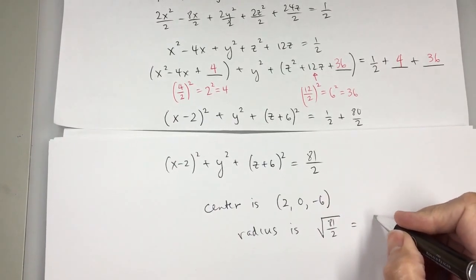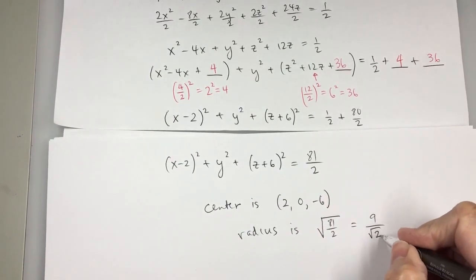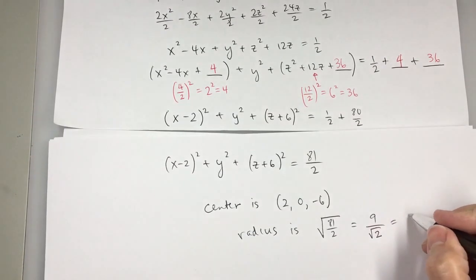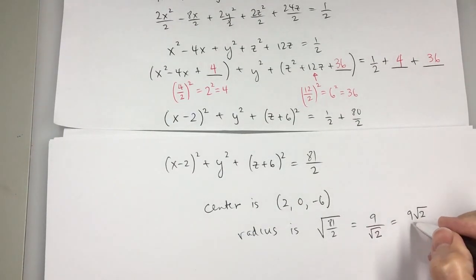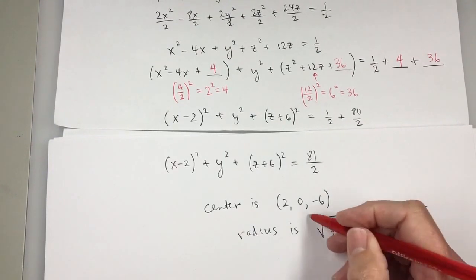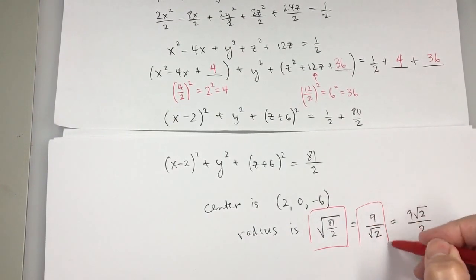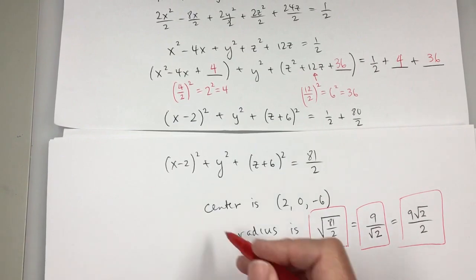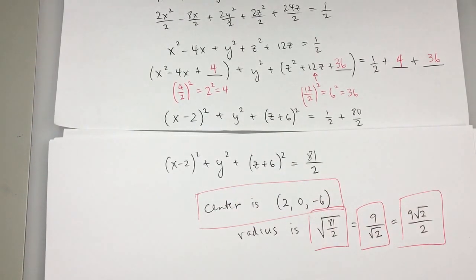If you like, 9 over the square root of 2. And if you're in a situation where they say to rationalize the denominator, 9 times the square root of 2 over 2. Any of these for the radius would be just fine. And then the center. Okay, any questions on that problem?